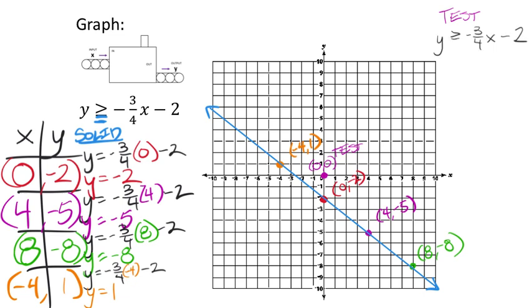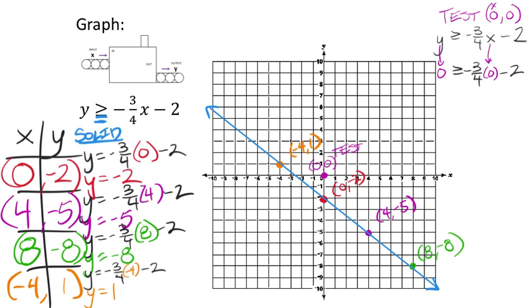So I've got y is greater than or equal to negative 3/4 x minus 2, and we're testing the ordered pair 0, 0. So we start out saying the x value is 0, and then also the y value is 0. And then we plug this into the rest of the inequality, okay?